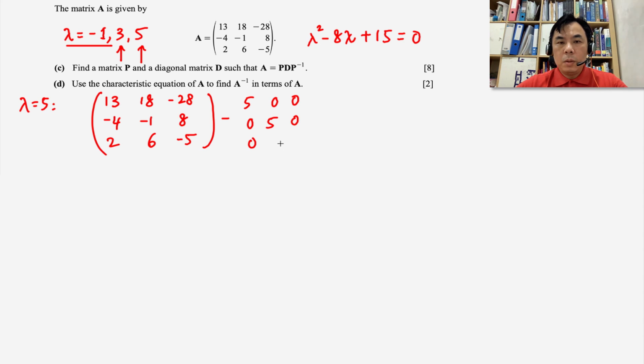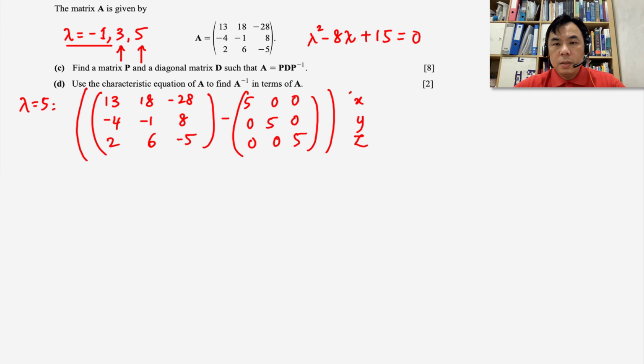I skip some of the former steps, which look more or less the same. This one will be x, y, z equal to 0. Okay, and then once I simplify that, I will get 8, 18, negative 28.